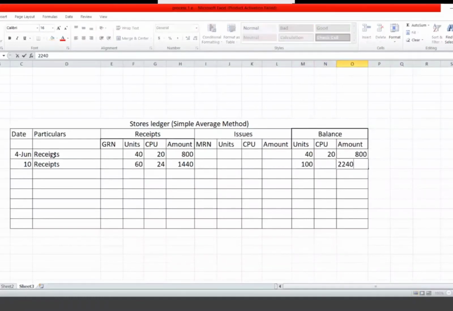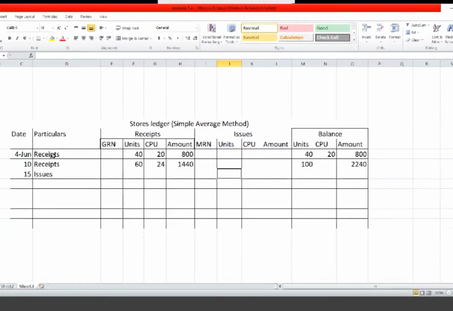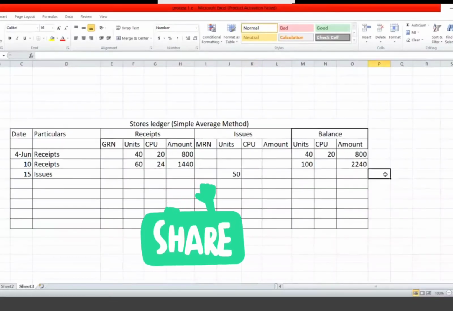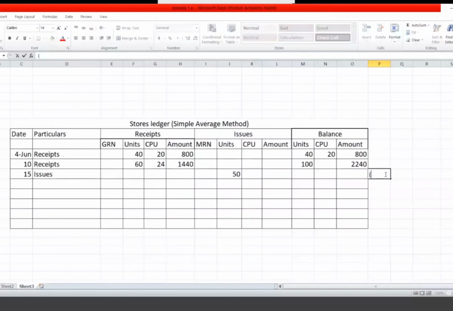Now the next transaction is on 15th. We have issues. How many units have we issued? 50 units. Now what is the price? Since we are following the simple average method, how do you calculate? 20 plus 24, two prices we have taken, divided by 2. If it is 3 prices, you will divide by 3.